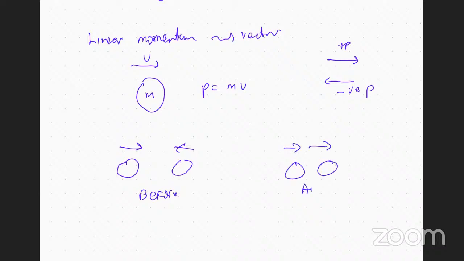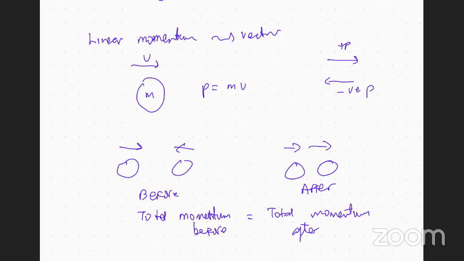What you need to remember is that the total momentum before collision is equal to the total momentum after collision. So you have to add the momentum before and add up after and equate them. I'll make sure I do one, don't worry, in case I forget about this.